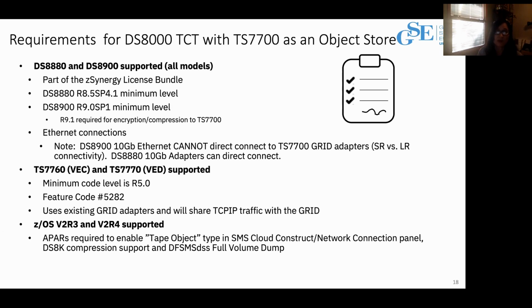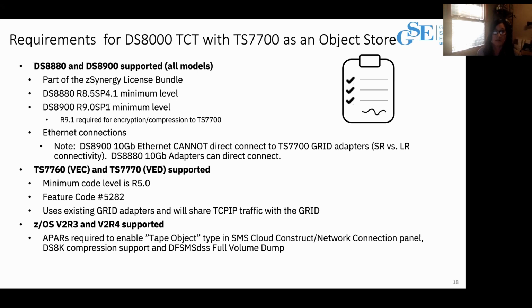But one note is on the DS8900, the technology between the 7700 and 8900 on the 10 gigabit Ethernet is not the same. There's a difference between short reach and long reach, so you cannot direct connect those adapters. You'll need some switches in between to use as a bridge for those protocols. So just a note there.